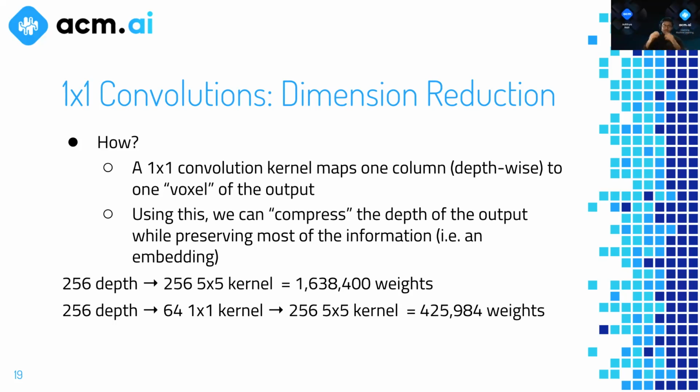Also keep in mind that 1x1 kernels don't really interfere with the spatial dimensions of our input volume. So we talked about our input volume, in this case, having spatial dimensions of 500 by 500.